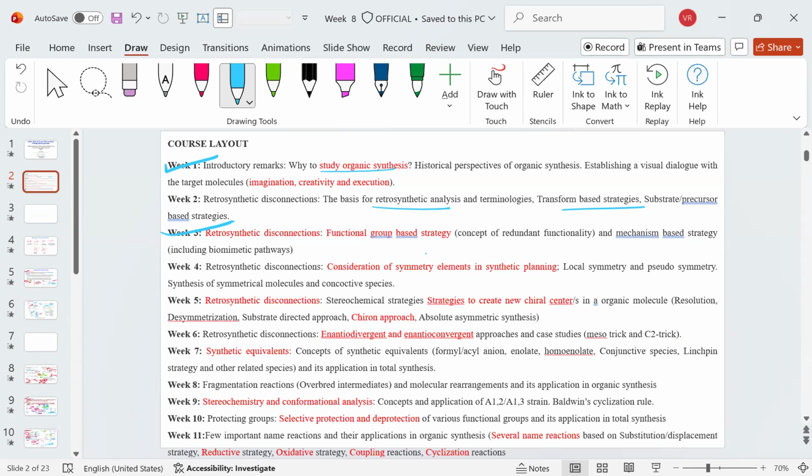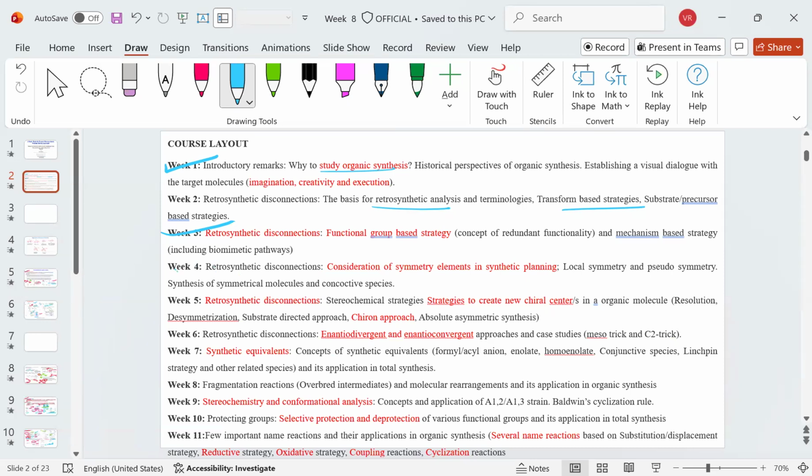And in between, upon request, we also studied some oxidizing and reducing reagents and reactions associated with oxidation and reduction, mainly because in our retrosynthesis course it is important to know some chemoselective oxidation and chemoselective reduction reactions.